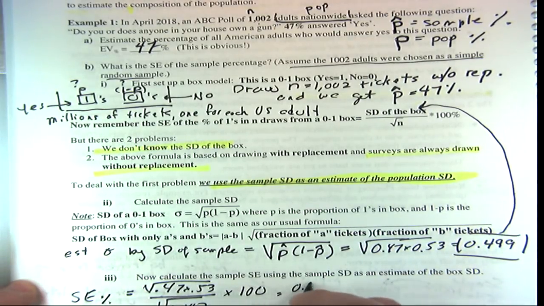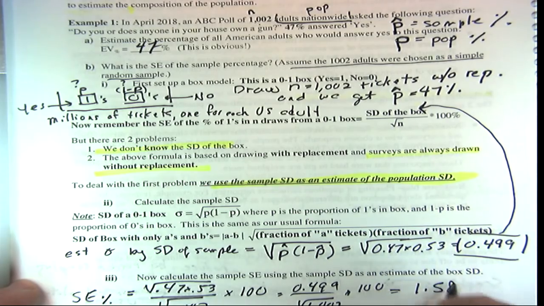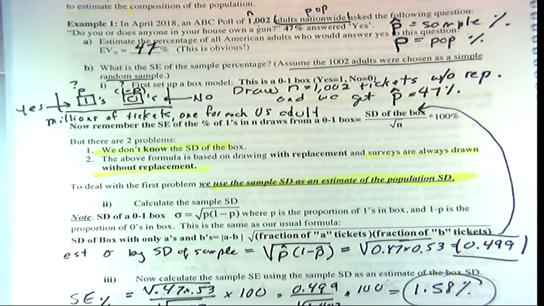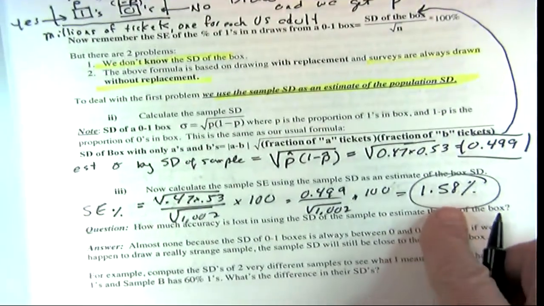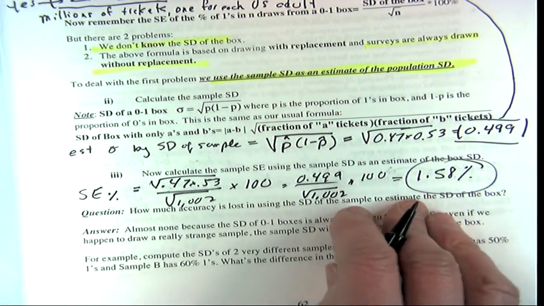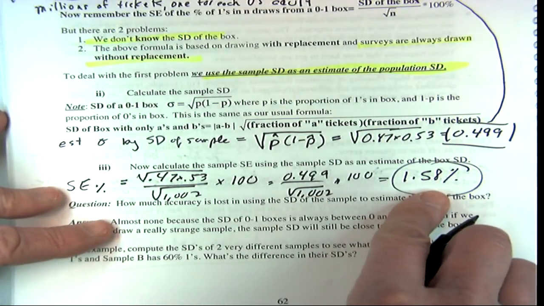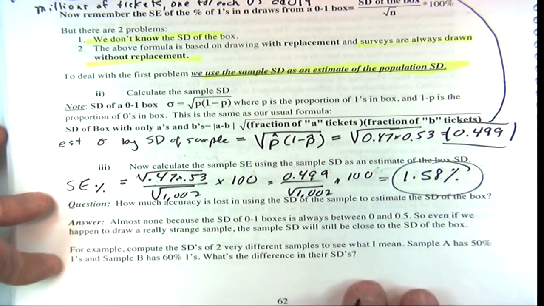So we get 0.499 over the square root of 1,002 times 100, which is equal to 1.58%. And that's very typical: if you have a 50-50 split in the population and a sample size of about 1,000, you're going to get a standard error of about 1.5.